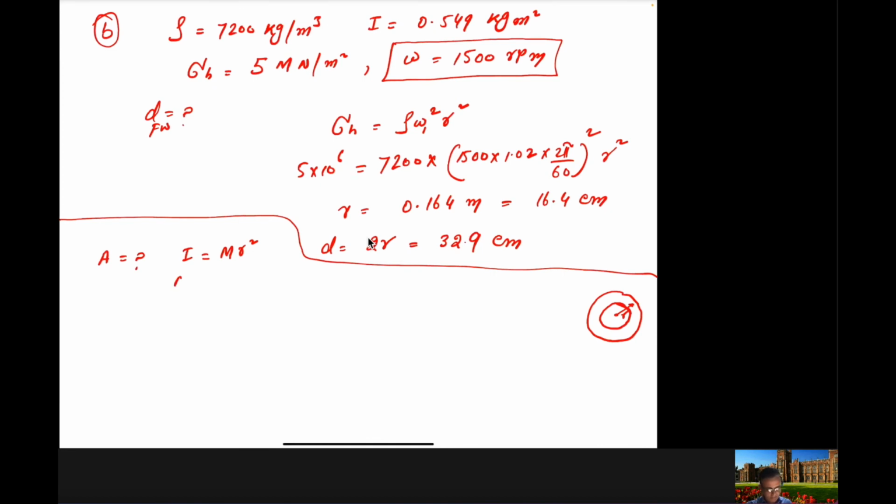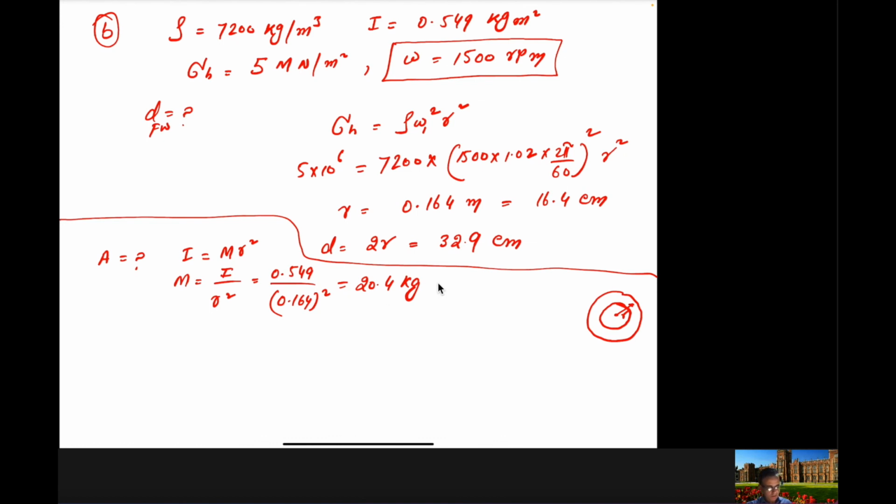So m will become equal to I divided by r squared, which will become 0.549 divided by 0.164 whole squared. So this will become 20.4 kilogram. So the mass in this case will become 20.4.